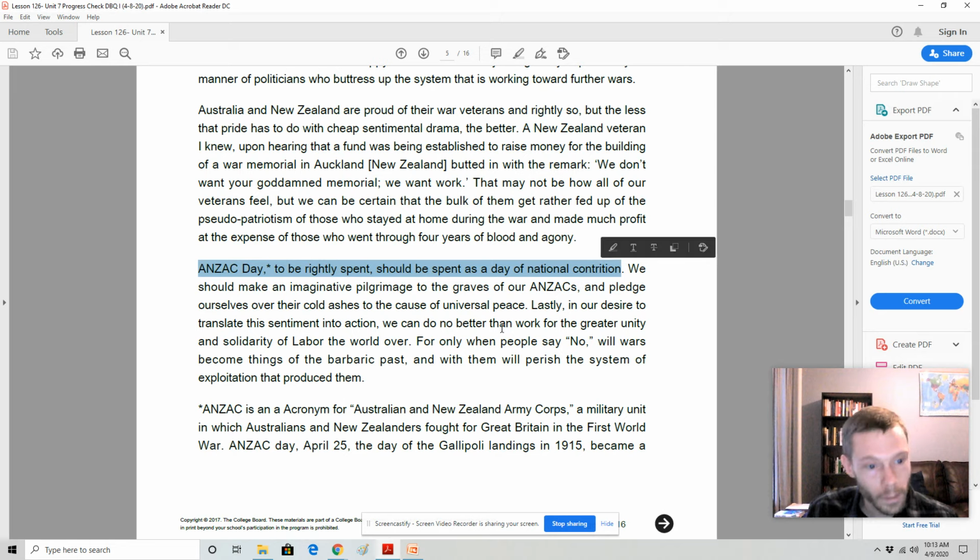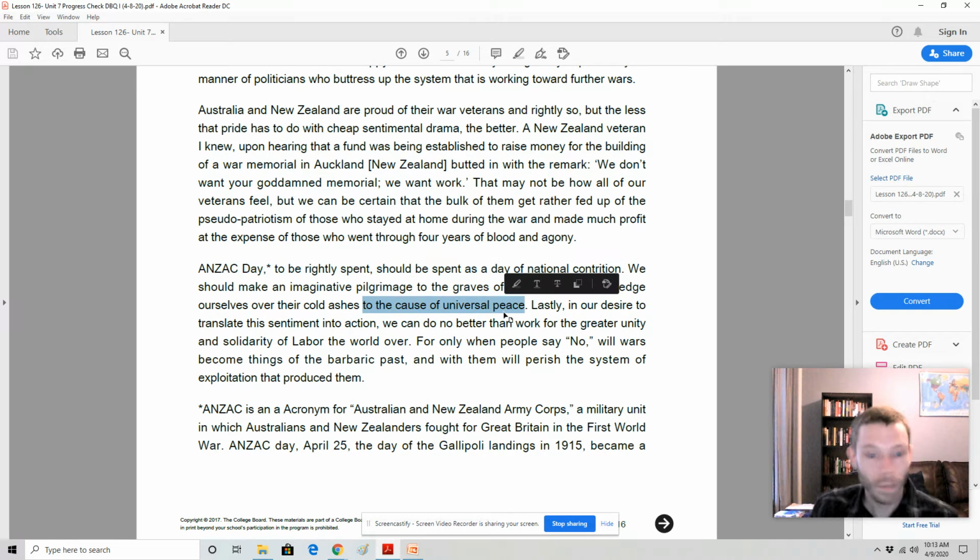We should make an imaginative pilgrimage to the graves of our Anzacs, the Australian New Zealand Army Corps, and pledge ourselves over their cold ashes to the cause of universal peace. So again, it's marshaling the memory of the First World War for a very, very clear objective, right? Is looking at how the war should be remembered within the cultural norms and values of the Australian people.